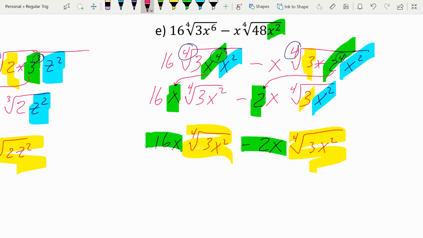Well, 16 minus 2, 14x, and then times the fourth root of 3x squared. This one's a little bit tougher than the last lesson, but it's not horrible. So please make sure you guys ask. Please make sure you're practicing.